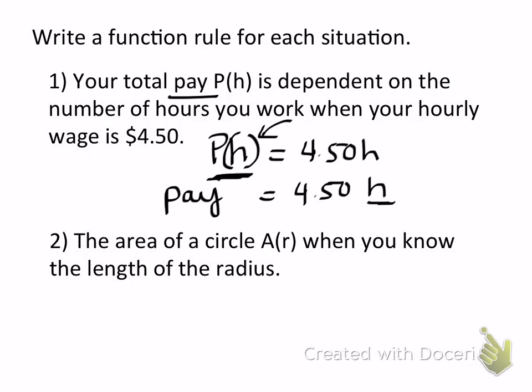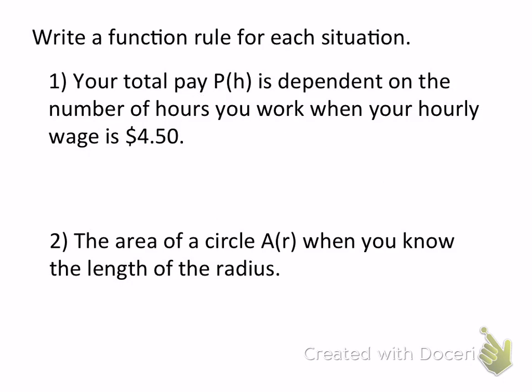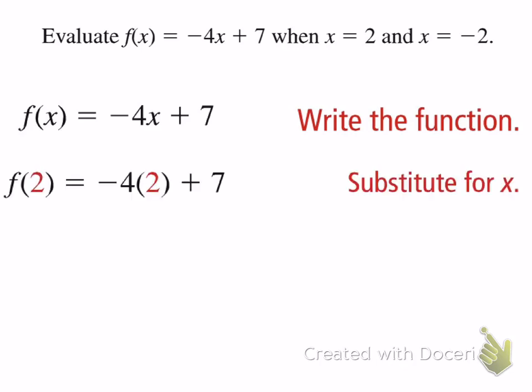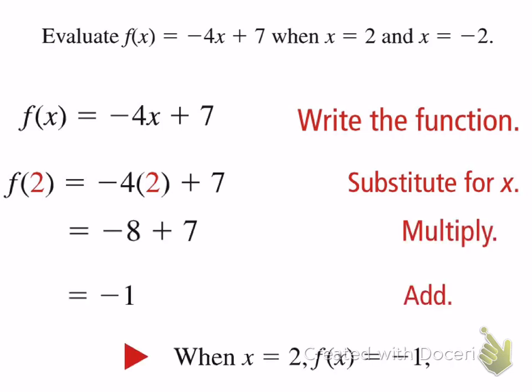Okay, I'm going to jump to a little bit of the book work right now. So I want to go through some of those examples. So again, like here in the book, they're giving us how many different domains to try? How many different domains? Show me with your fingers. That's right, 2.